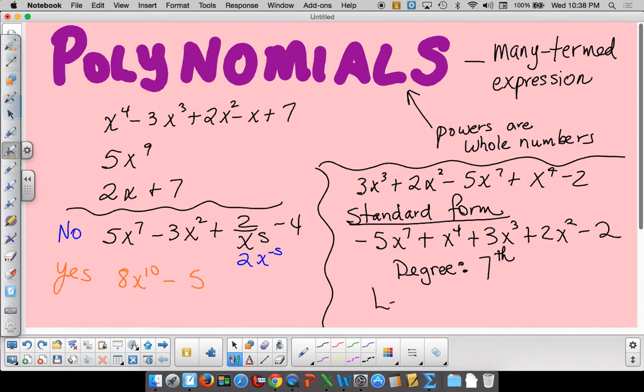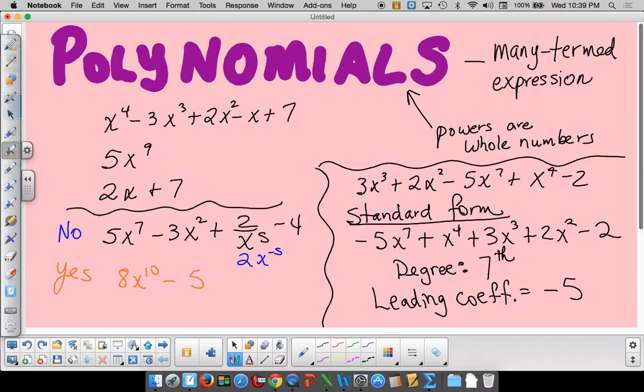The other thing that is extremely important to us later on when we get to a deeper study of polynomials and the graphs is knowing what the leading coefficient is. The leading coefficient is simply the coefficient on the highest power term. So if x to the 7th is the highest power term, then the leading coefficient would be the negative 5 that's in front of it.